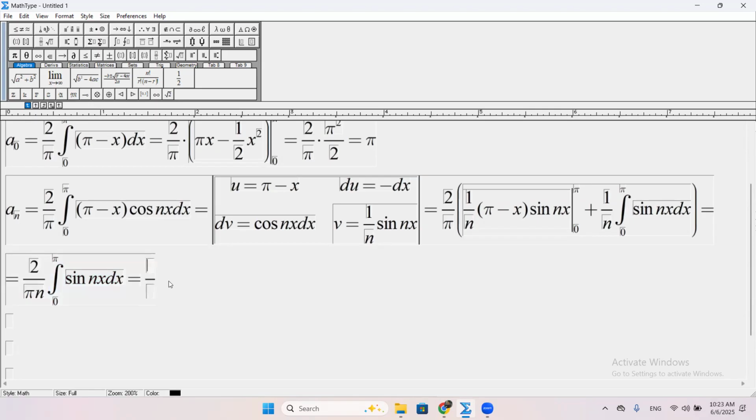So I will receive the following expression: minus 2 over p n squared cosine of nx, with substitutions from 0 to p.